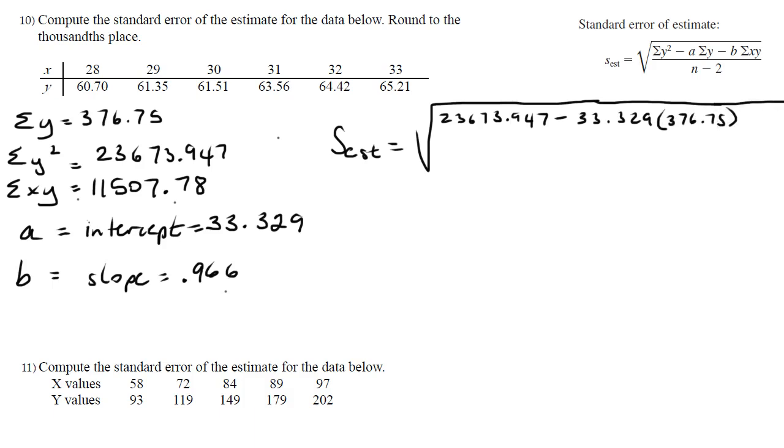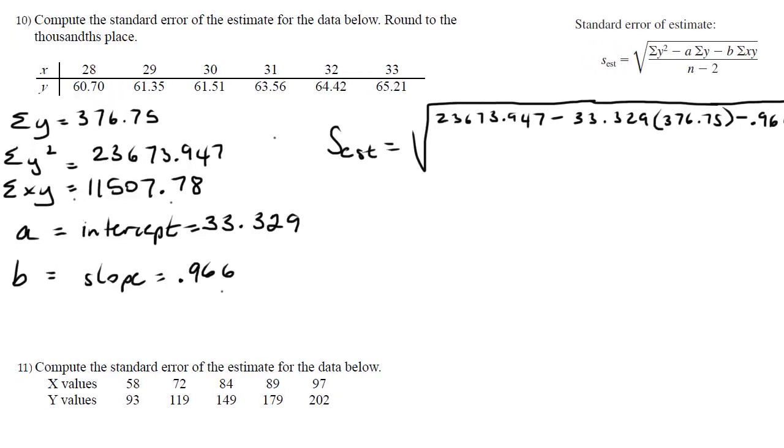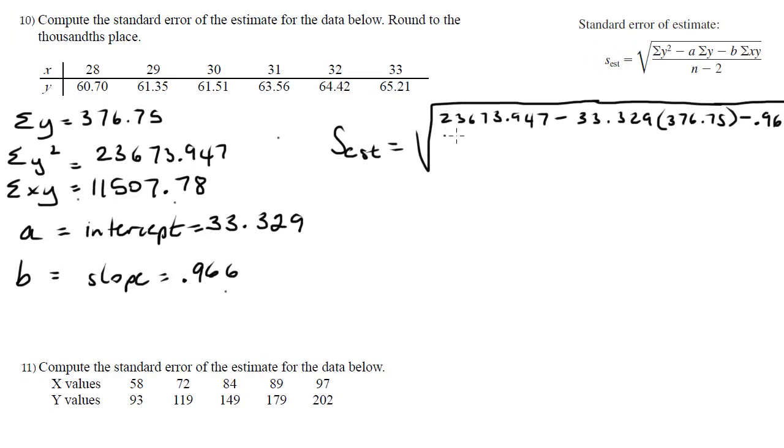Oh, geez. Minus B, 0.966, times the sum of the xy's, 11507.78. Divided by n minus 2. There are 6 values, so 6 minus 2 is 4.